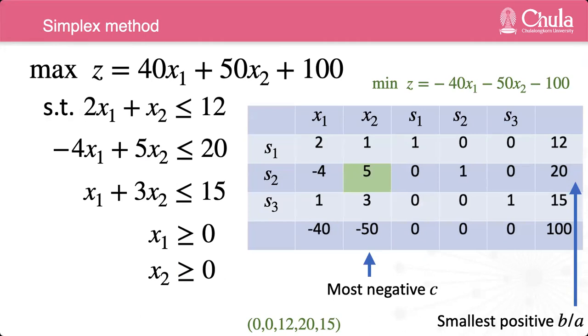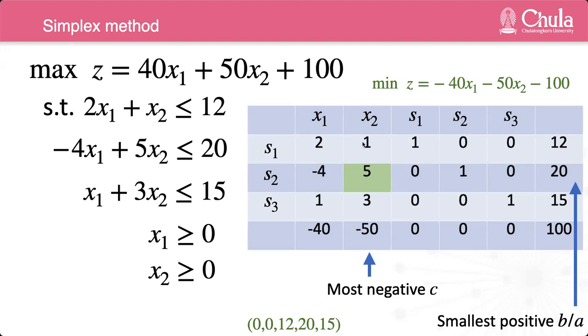And at the starting point, we set x1 and x2 to be 0, to be non-basic variables, because we need two variables to be non-basic. You set x1 and x2 to be 0. What happened? You see that from the first line, you don't care about x1, x2, right?